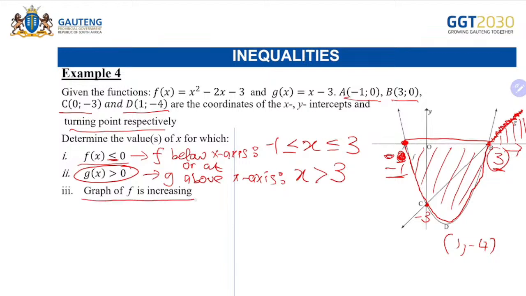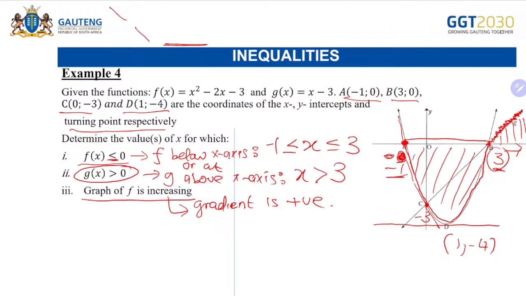Now the graph of f is increasing. So we are dealing with increasing and decreasing functions. When does the graph increase? It increases when the gradient is positive. Now let's locate the gradient of this function. If you look at this side of the graph, the gradient is negative.